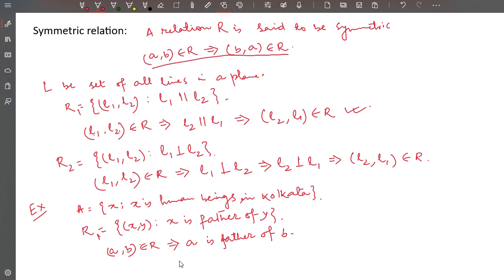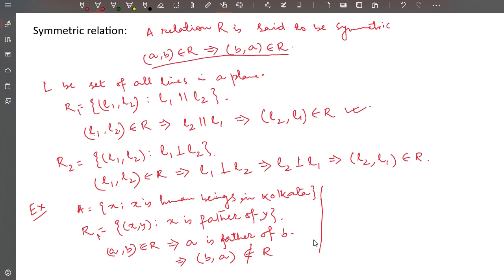No. So (B, A) doesn't belong to R. So this relation is not symmetric.